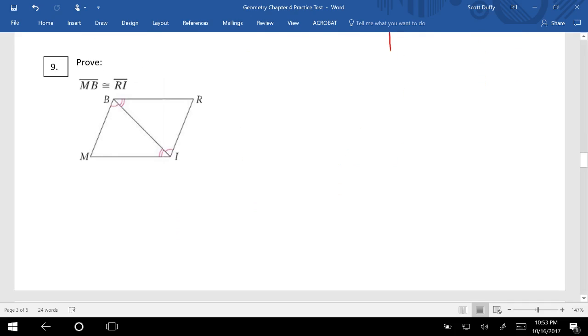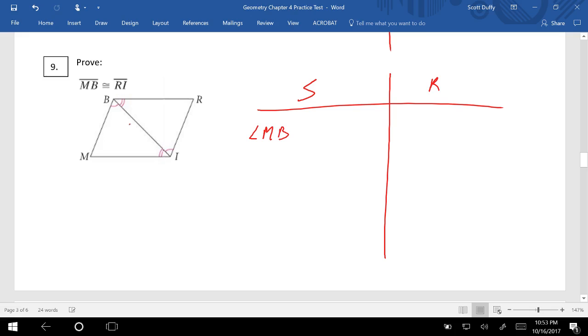Last easy-ish proof, MB equals RI. Well, I'm going to start with what I know. I say that angle MBI, which is this angle, is congruent to this angle, which is RIB.